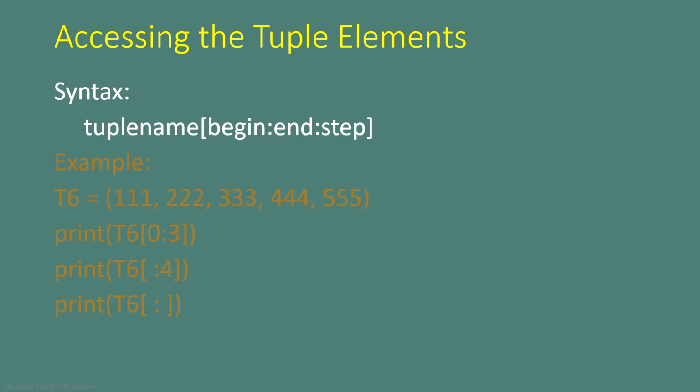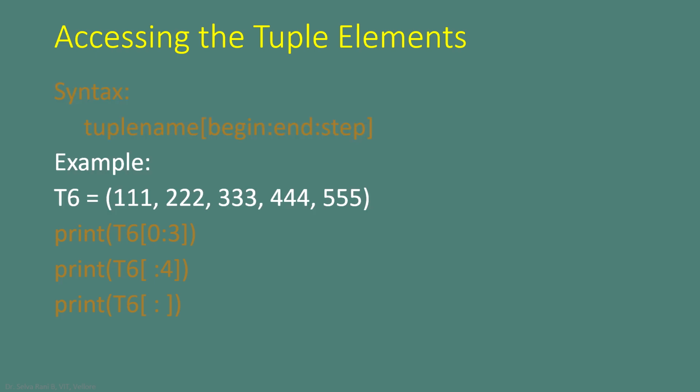How to access more number of elements using slicing? Tuple name, inside square bracket, we have to specify the begin position, end position, and the step value. For example, T6 is having 5 elements in it.